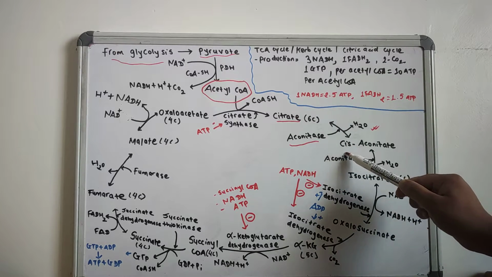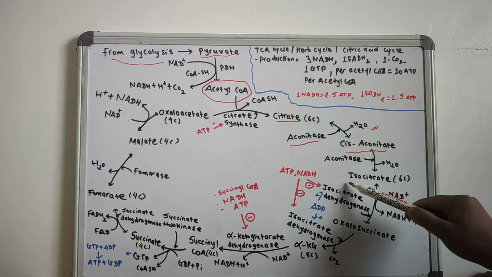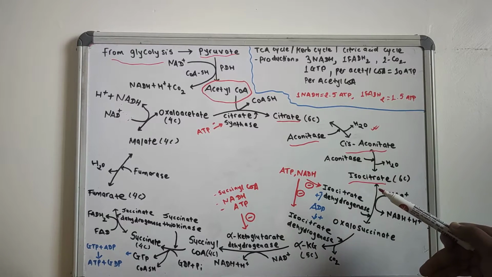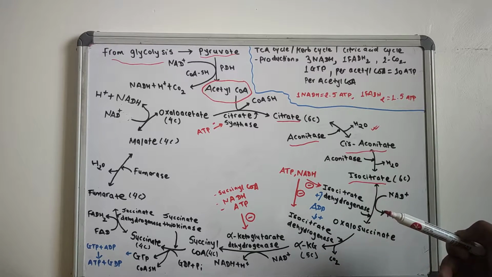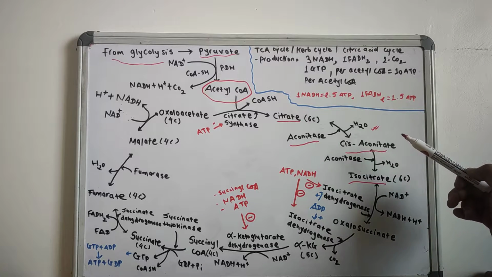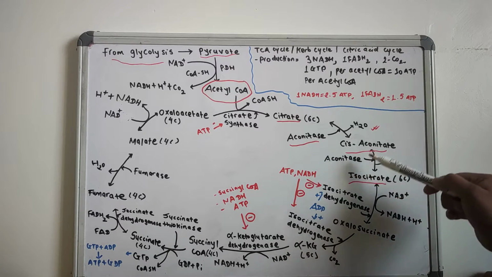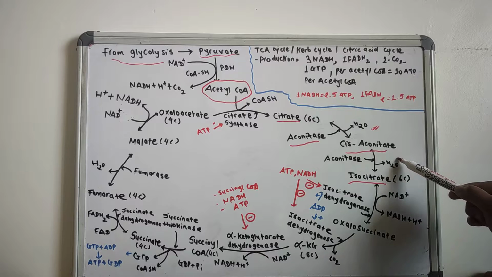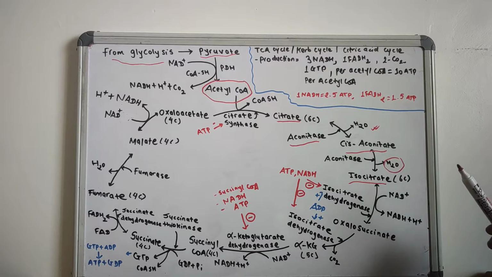From the cis-aconitate, isocitrate is formed. Here also aconitase acts, and isocitrate is formed along with the production of water. The isocitrate is also a 6-carbon compound.